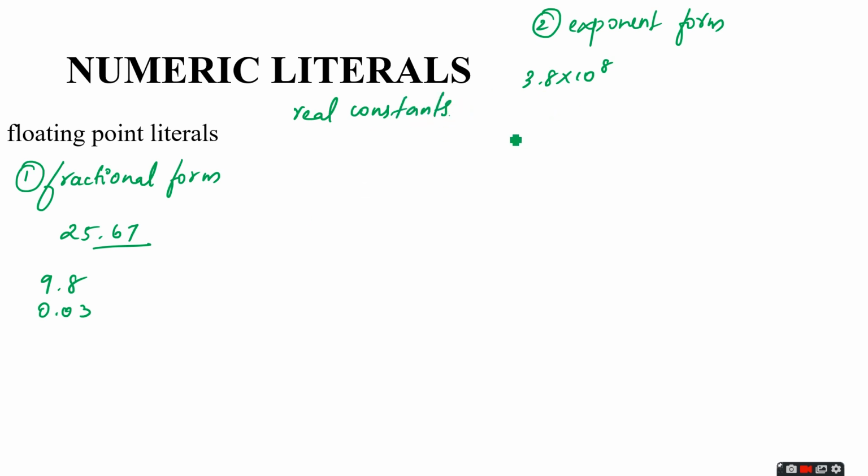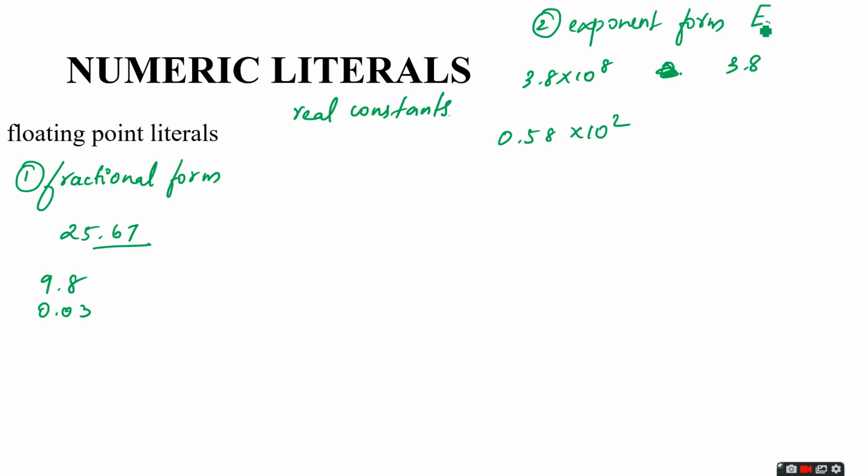Now, we can write like this: 0.58 into 10 raised to 2. Now, if I want to represent it in the exponent form, we can write like this. 3.8, exponent form.